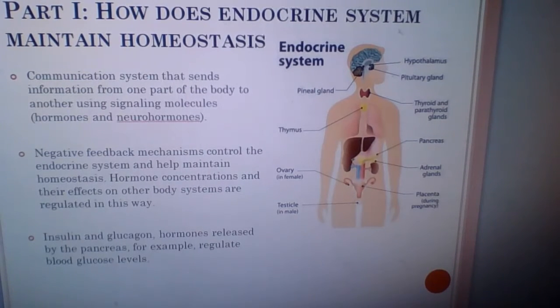A negative feedback mechanism controls the endocrine system and helps it maintain homeostasis. Hormone concentrations and their effects on other body systems are regulated in this way. Insulin and glucagon, hormones released by the pancreas, are an example of regulating blood glucose levels.